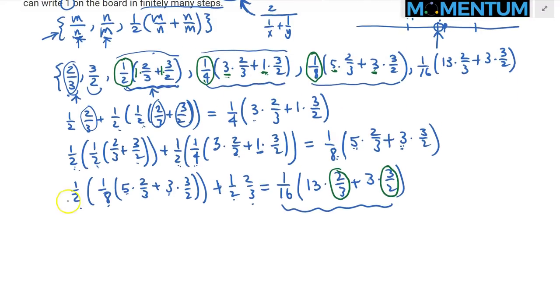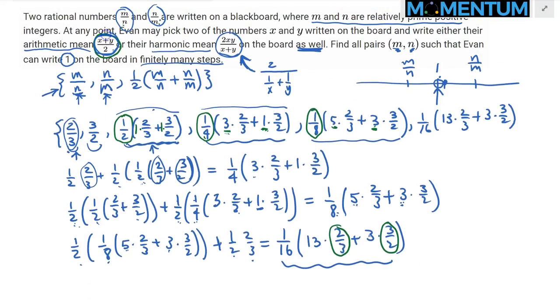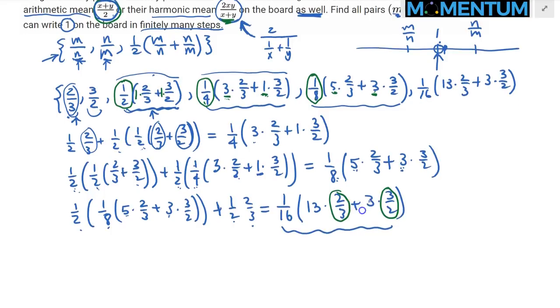So basically what I'm saying is, so far I'm only using the arithmetic mean. I haven't started with the harmonic mean yet.